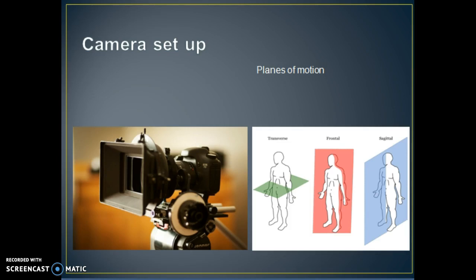The frontal movement will be moving like taking away from the body, so when you're passing a ball in basketball, that'd be on the frontal plane when you pass the ball.